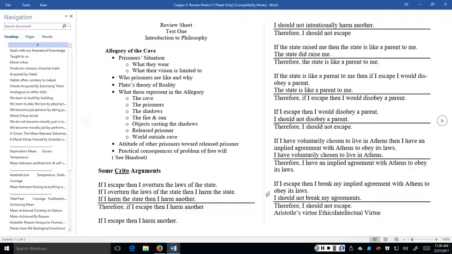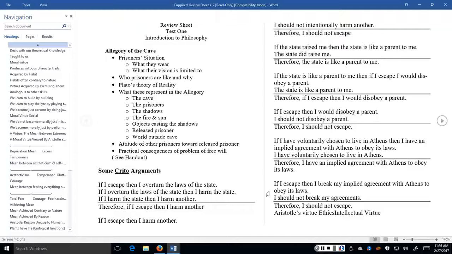And he says there's this moral principle that I shouldn't do intentional harm to another person. So because escaping would harm another, he says I shouldn't escape.